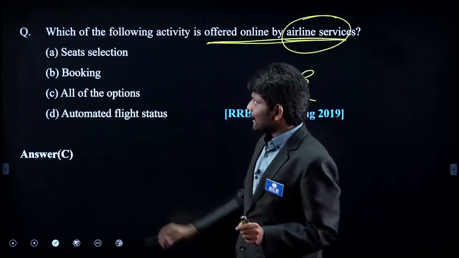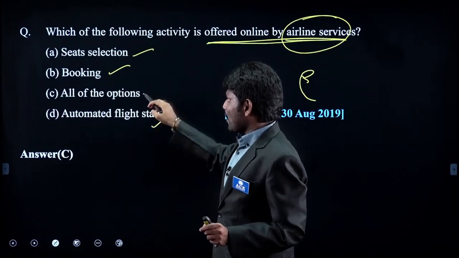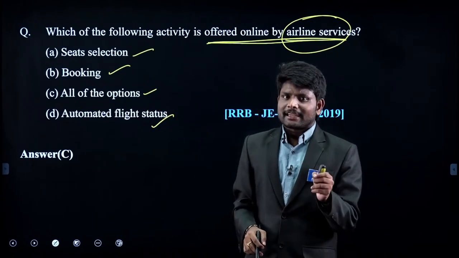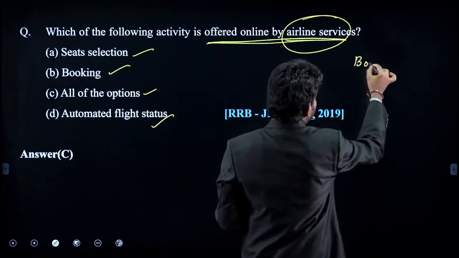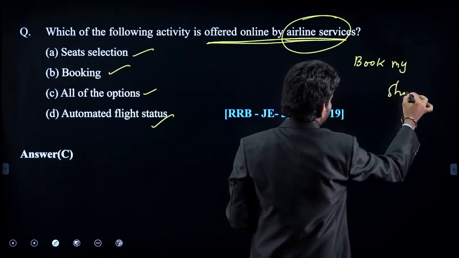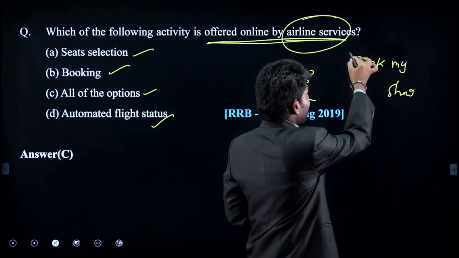Okay, let us answer this question. Seat selection, booking, automated flight status, and all of the options. Okay? Is Airline Services the only thing that involves an information system? Recently, you can see Book My Show-like applications where you can book movie tickets. Next year, they may ask these kinds of questions also.